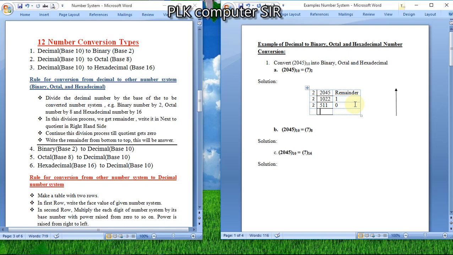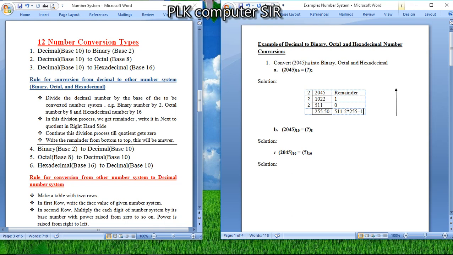511 divided by 2, so the answer is 255.5. For the remainder, what we have to do: 511 minus 2 into 255. If you do, the answer will come 1. You can check in the calculator, my dear student.